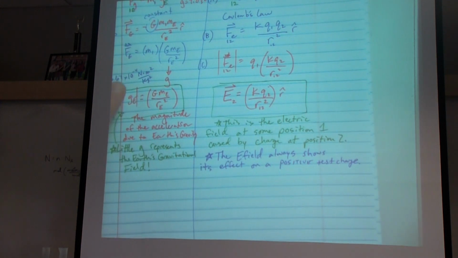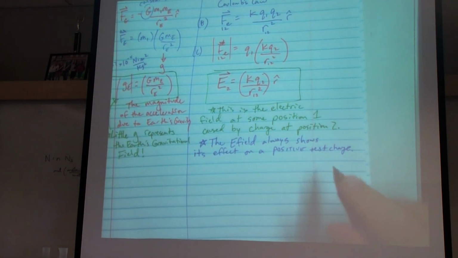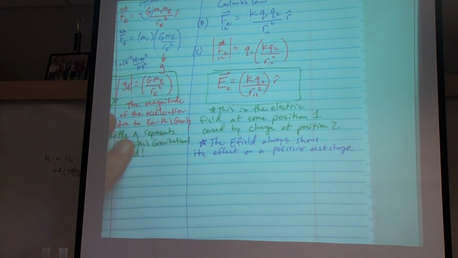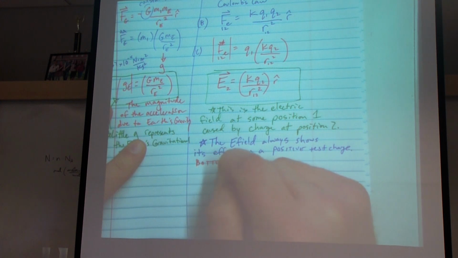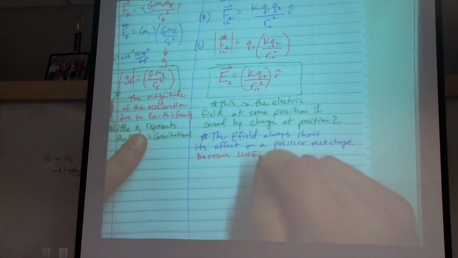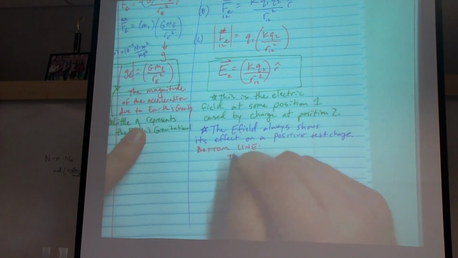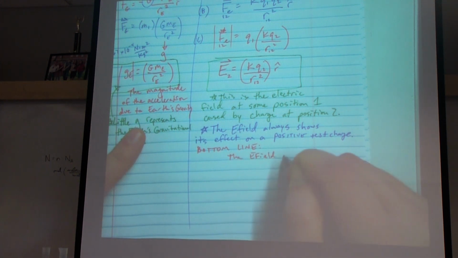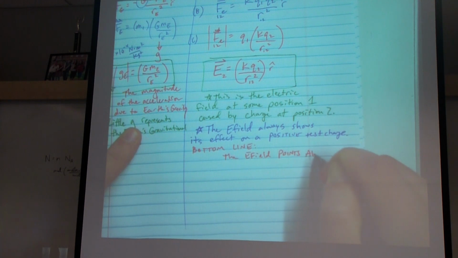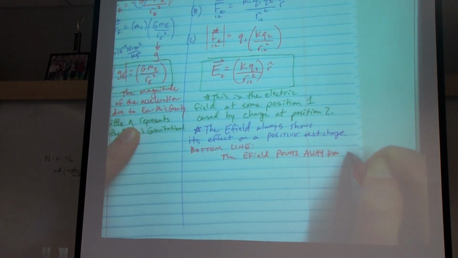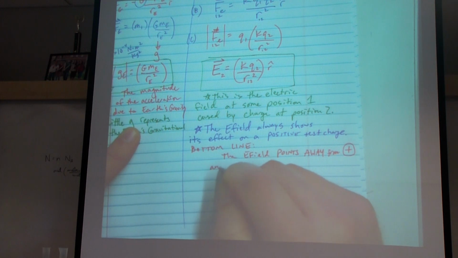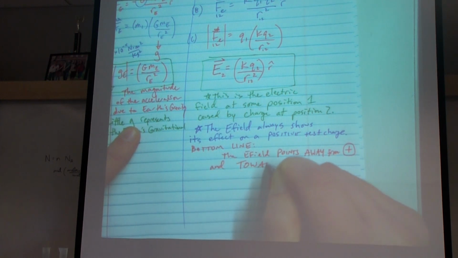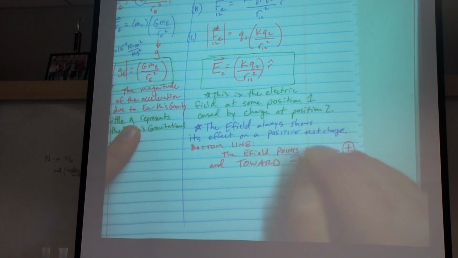So you'll put a little tiny positive there. The E field always shows its effect on a positive test charge, which means, bottom line, the E field points away from positive charges and toward negative charges.